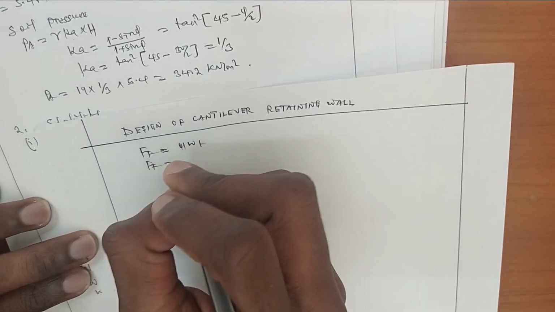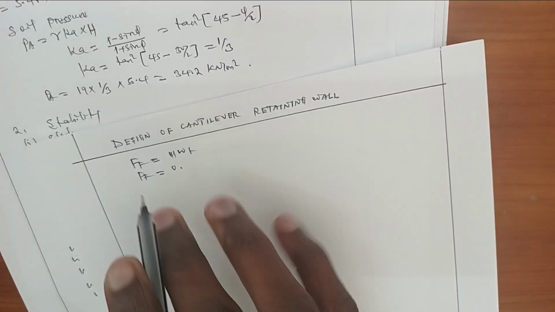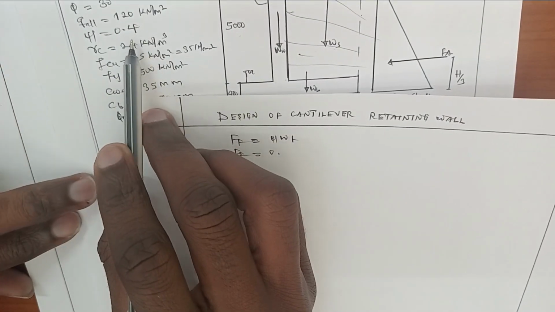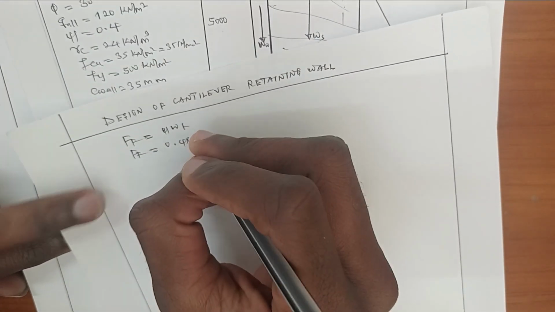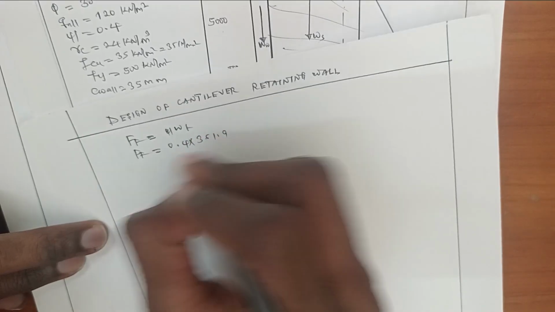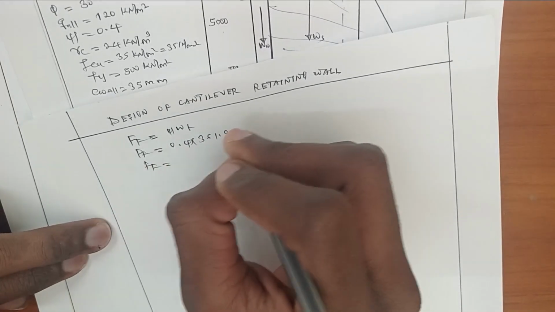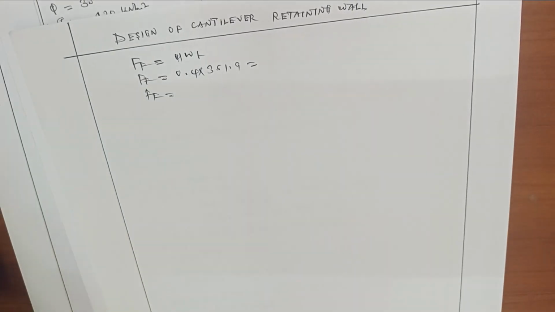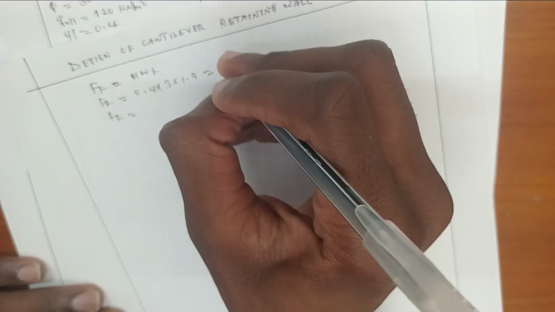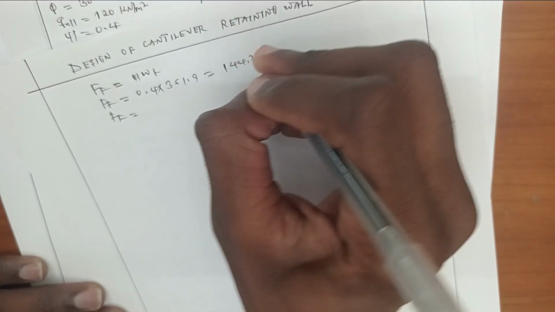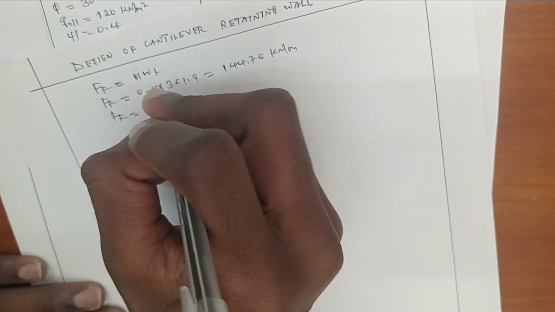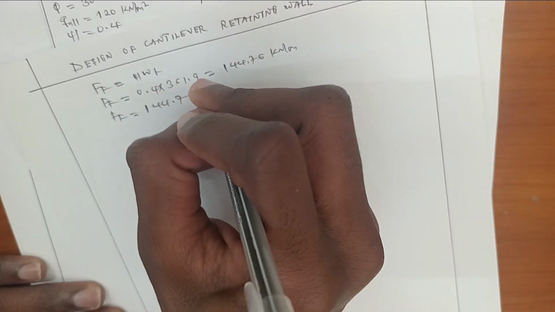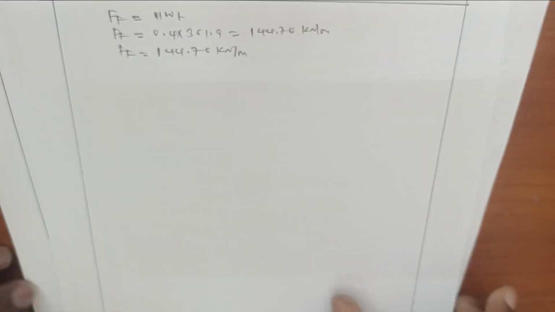The coefficient of friction is 0.4, times the total weight, which is 361.9. The friction force will be equal to 0.4 times 361.9, which is 144.76 kilonewton per meter.